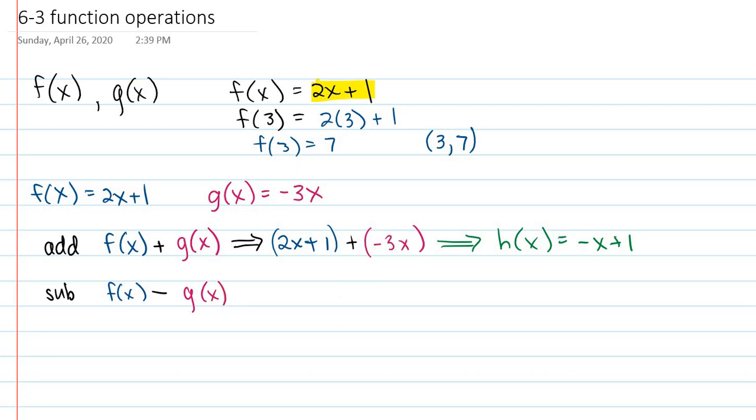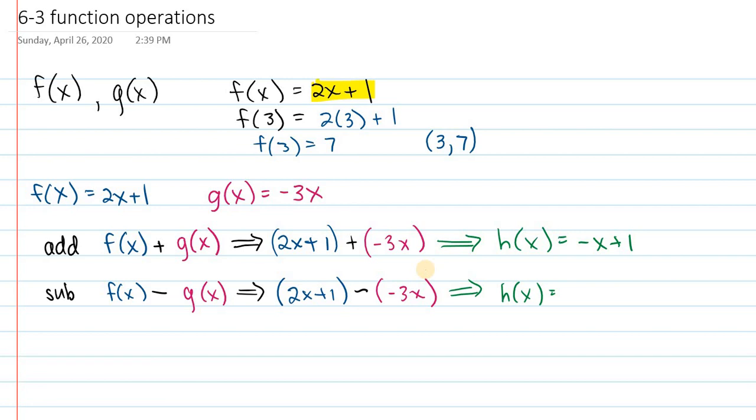Again, we take f of 2x plus 1 as its own little thing, and now we subtract from it the negative 3x. Be careful with the signs there because you have double signs. We take the first function and subtract from it the second function, and it will create a new function, which we'll call h of x.